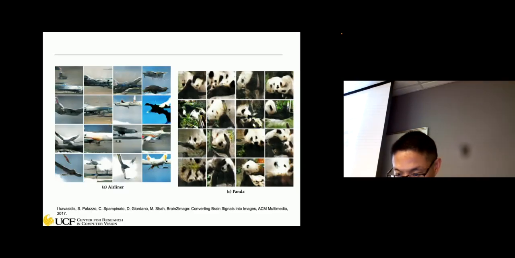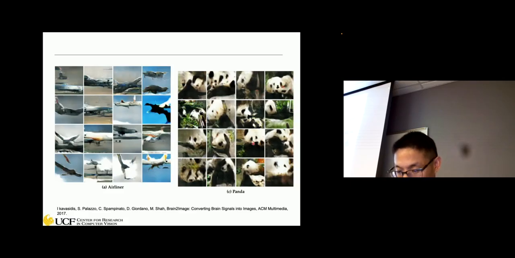In this case, they did some studies, and some of the generated images are okay, but some of them have a lot of distortions. But you get a sense, a rough idea of what exactly this person is looking at. You have some specific shapes like airplanes, and this one has a panda, although some images are maybe a mixture of multiple pandas.